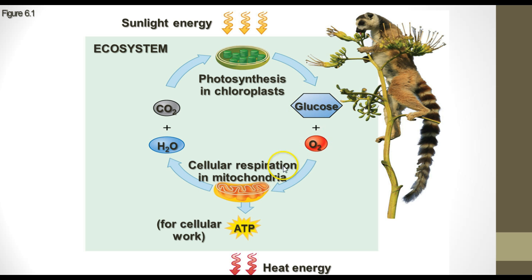Those two molecules are used in cellular respiration in the mitochondria to release energy for cell work in the form of ATP plus heat energy. And it releases water and carbon dioxide, which are then used again by the chloroplast to make the food. So it is definitely a cycle within the ecosystem as the energy passes through.